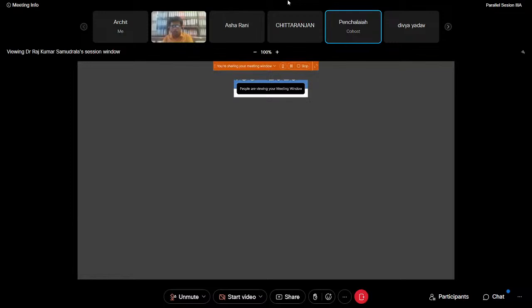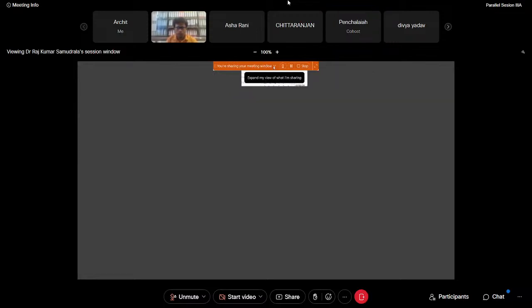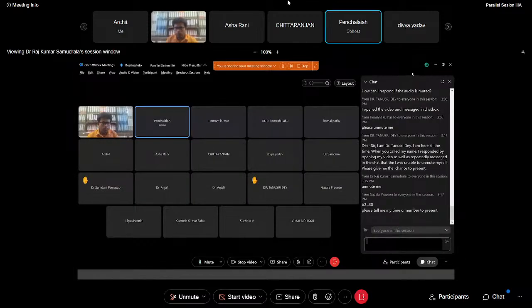Synthesis of hydroxyapatite from fish bone, sir. This slide is not loaded fully. Is it visible, sir?